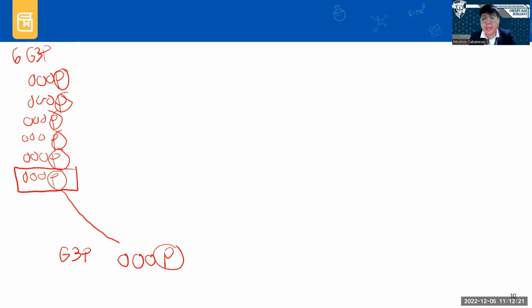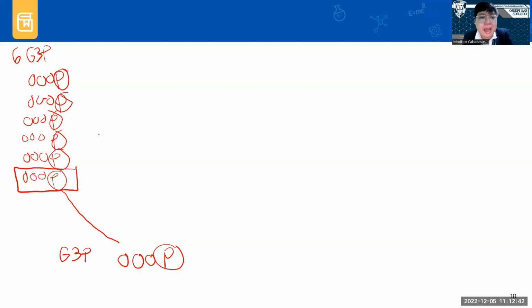Bakit kailangan niya pa mag-wait? Kasi glucose dapat 6 yung carbon. Okay? So we only have 3 carbon for this one, so they need to wait for another Calvin cycle so that they can produce a molecule of glucose. Alright? So yan yung mangyayari sa isang G3P.